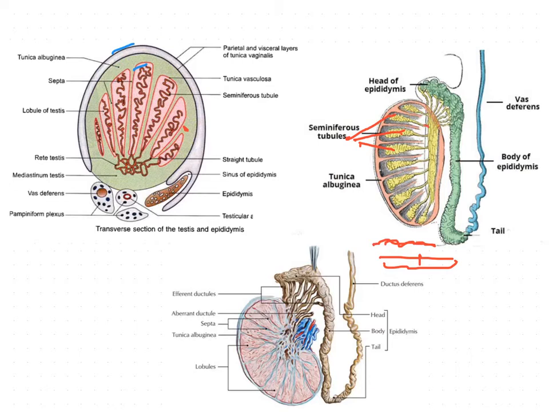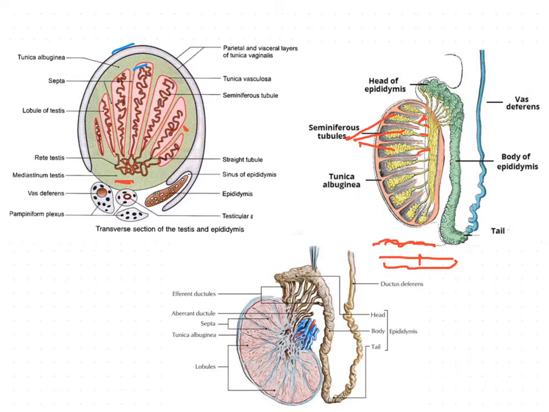After forming the straight tubules, they will enter into the mediastinum. So this is called the mediastinum testis.